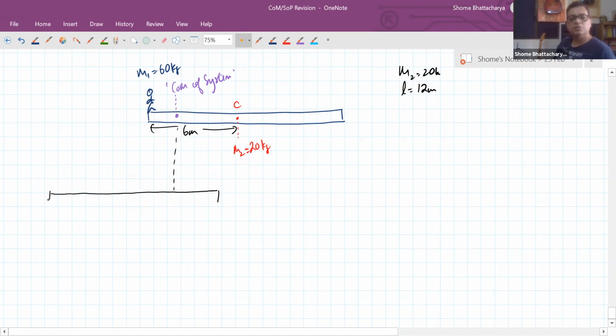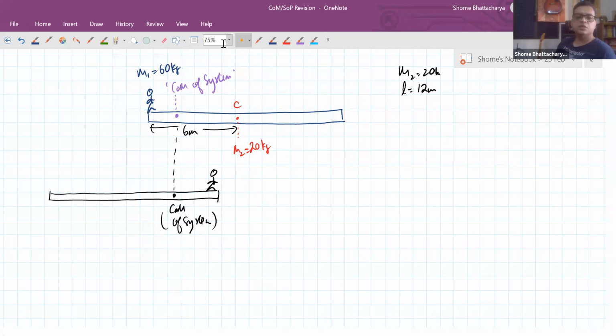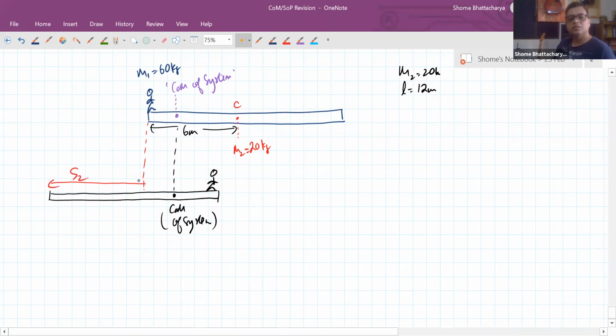But individually, the person and the plank system becomes like this. Let's say the plank displaces by S2 backwards, whereas the person displaces by S1 forwards.